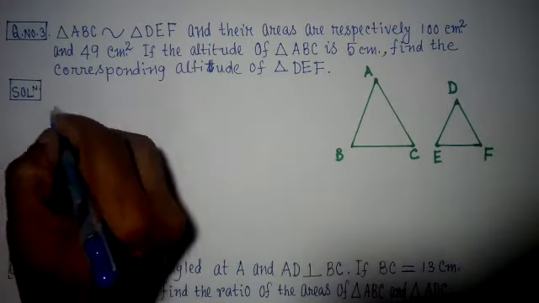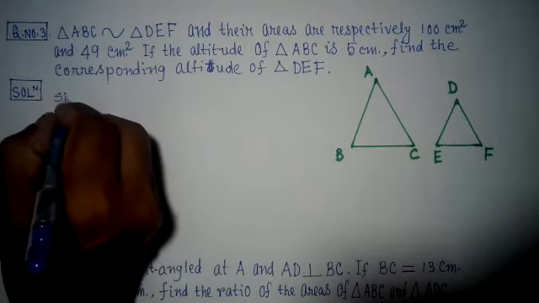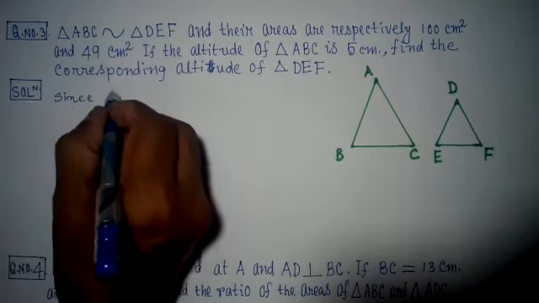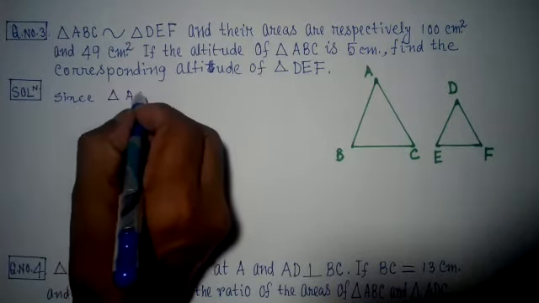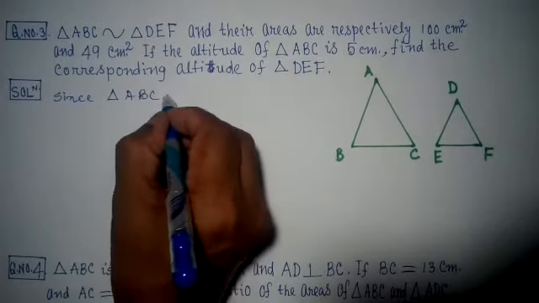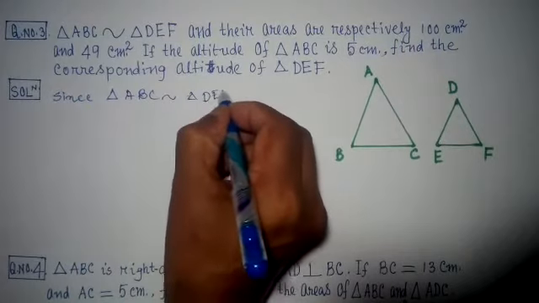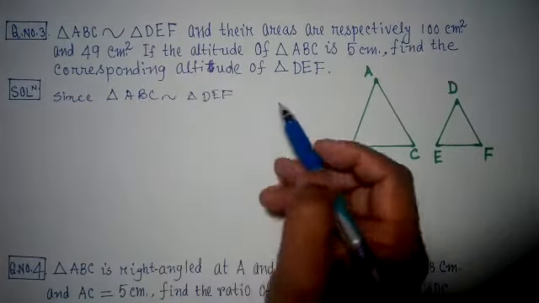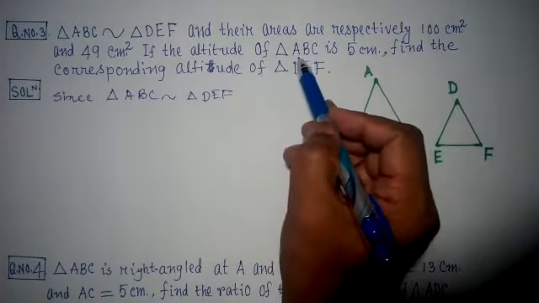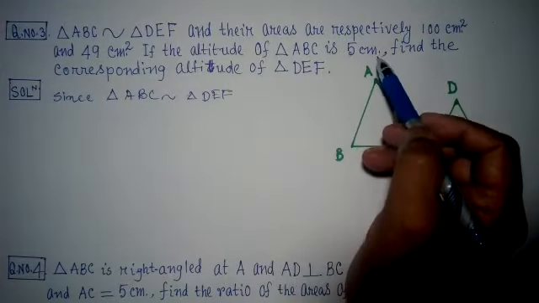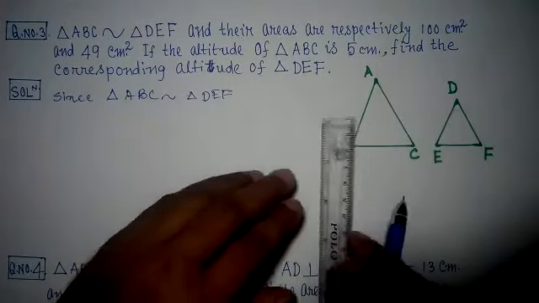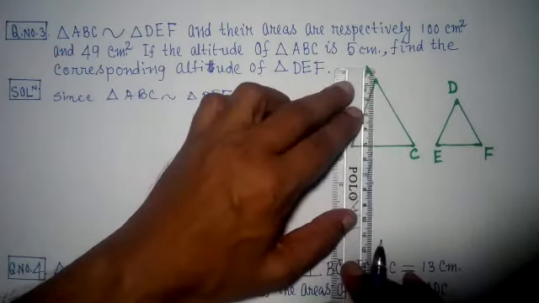So we can write, since triangle ABC is similar to triangle DEF, and see, the altitude of triangle ABC is 5 cm, so let us draw the altitude of triangle ABC.